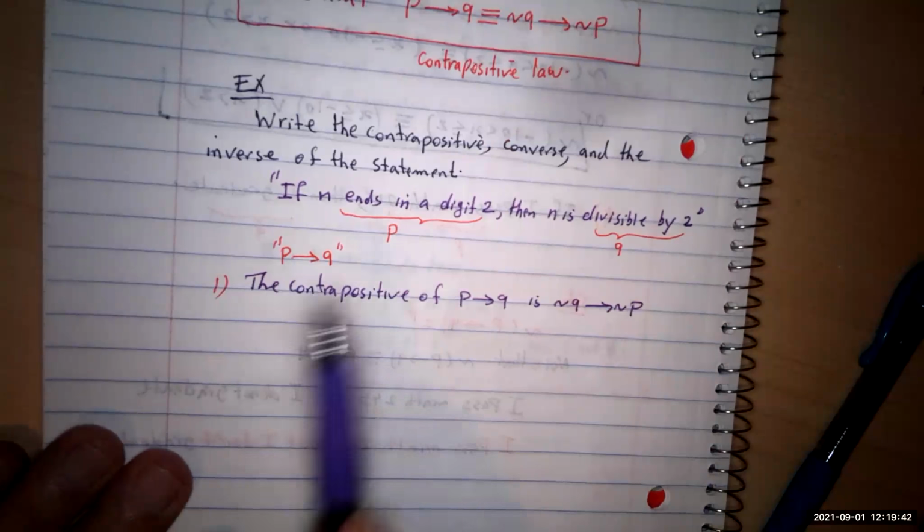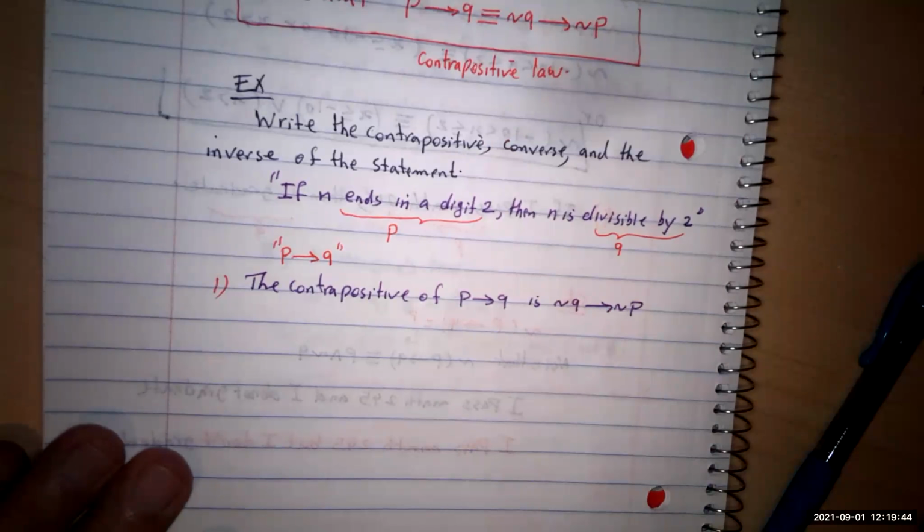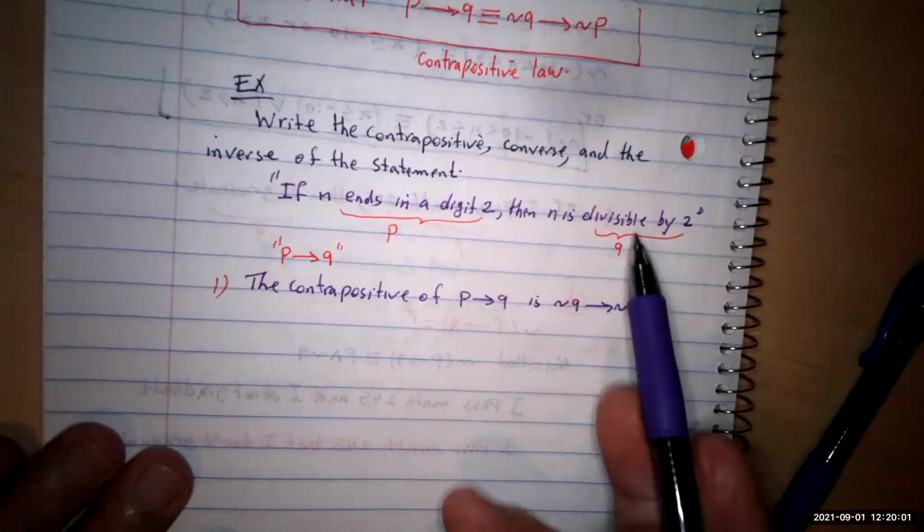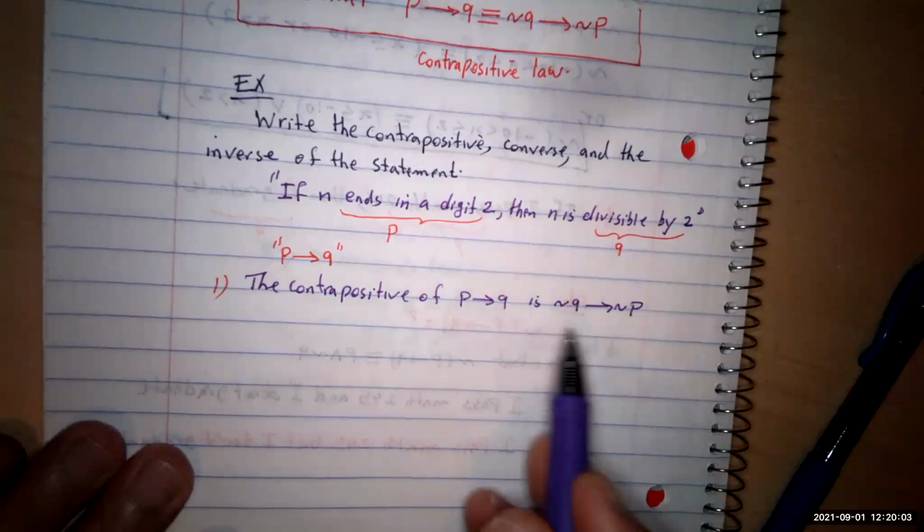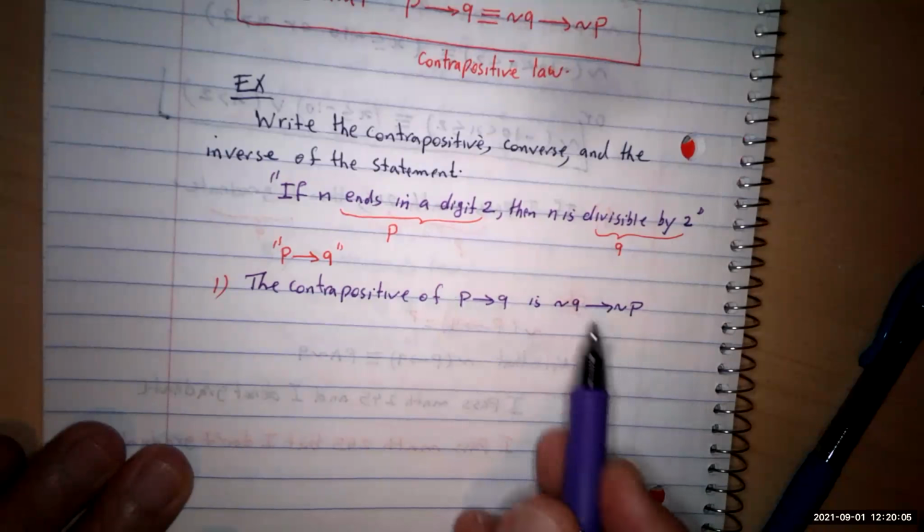And this is if P then Q. If n is not divisible by 2, implies n does not end in digit 2. That's it. See, not Q would be the if, because it's a conditional.